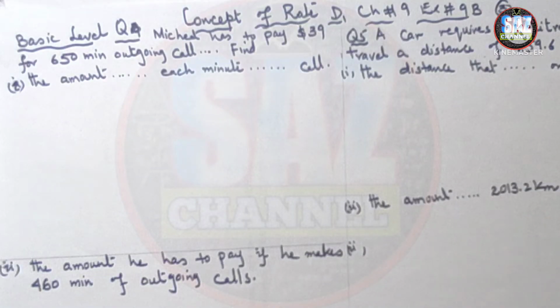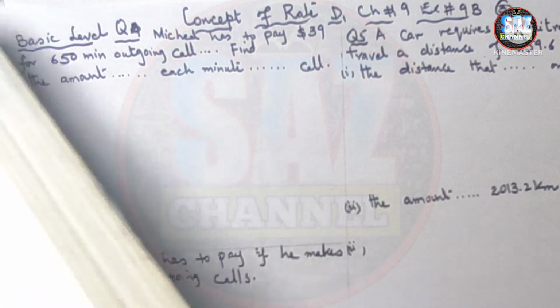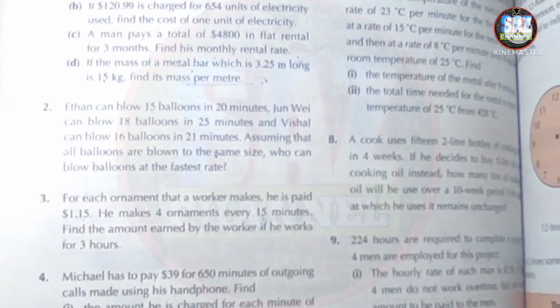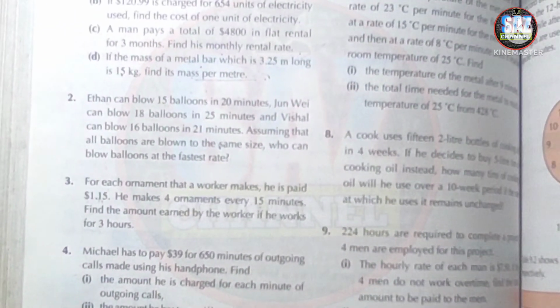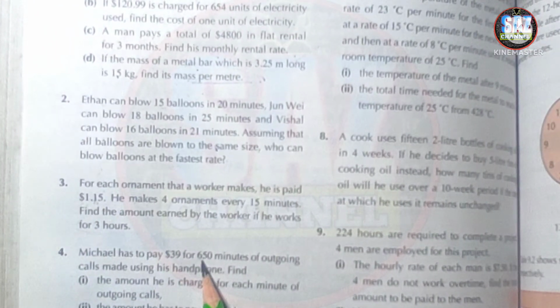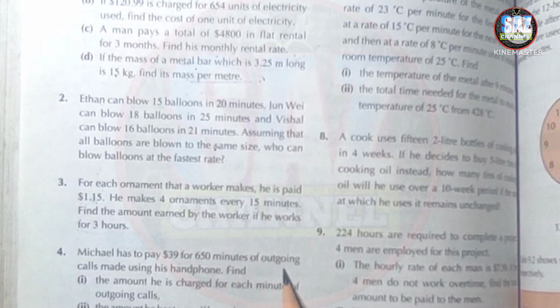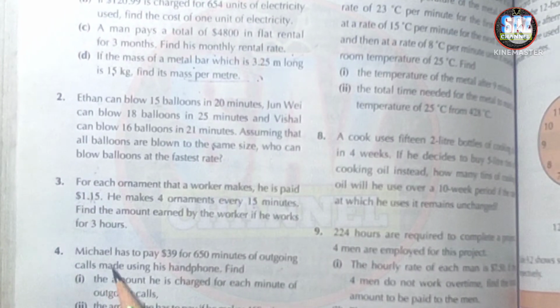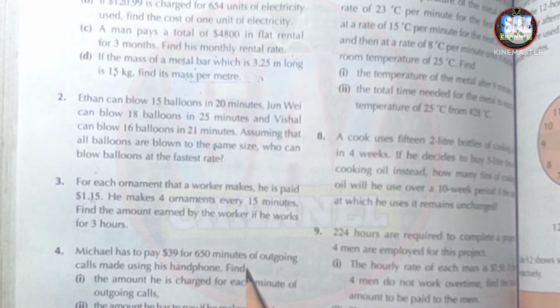Question number 4 says, let me read the question from the book. Let me keep my book under the camera. Question 4 says that Michael has to pay $39 for 650 minutes of outgoing calls made using his handphone.